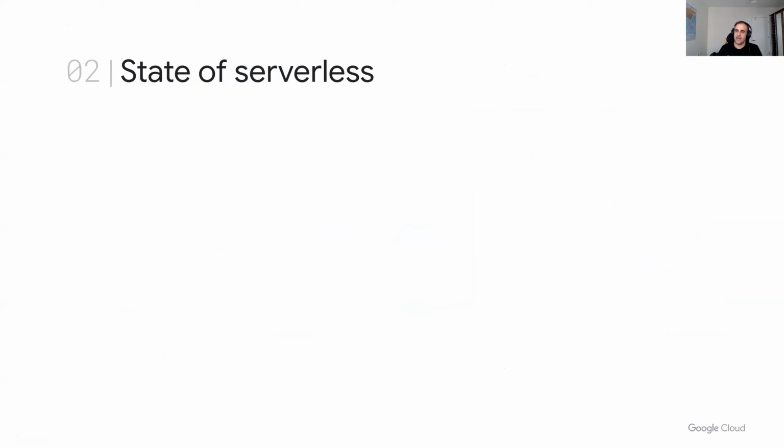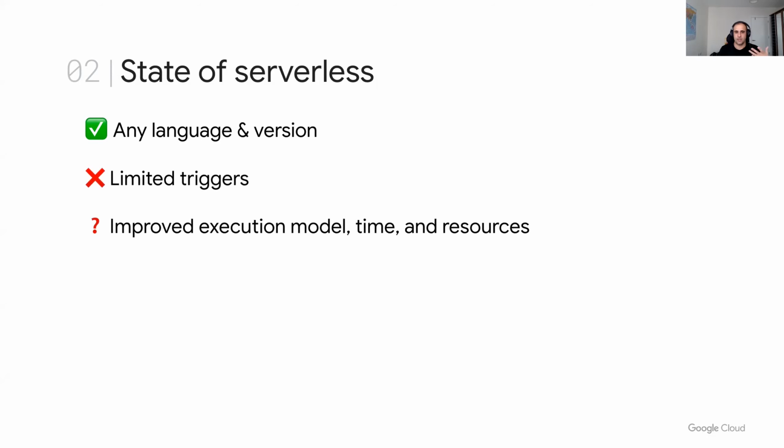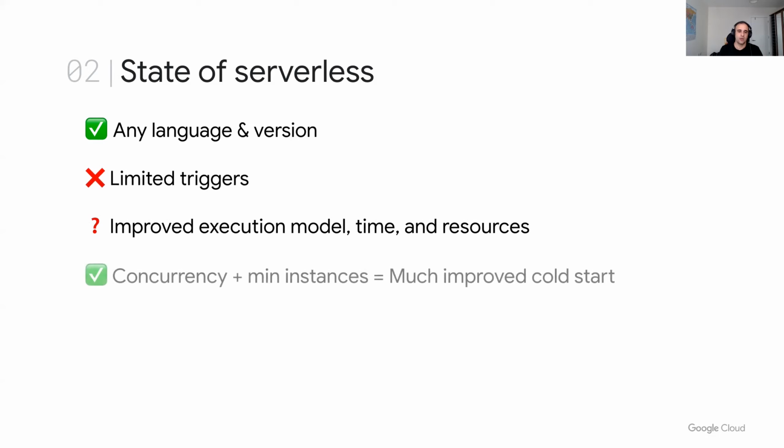All right, so at the end of this second state of serverless, now with containers, we have any language that we want to use, you are able to use it with any version, as long as it adheres to the contract that I mentioned earlier. The triggers are still limited in the sense that everything is HTTP driven for the most part. The execution model, the time and the resources that you get in your container is improved, but it's still limited in the sense that there are some limits you need to think about.